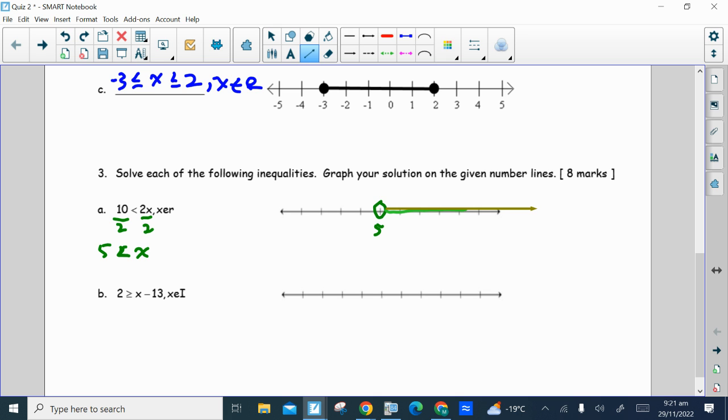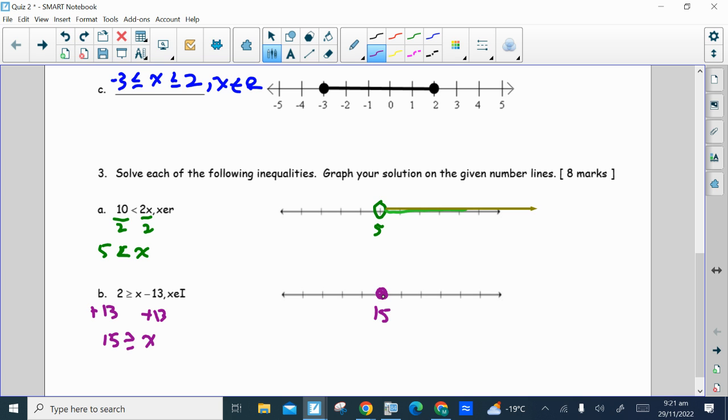Question B, to get x by itself here, we would add 13 to both sides. And on the left, 2 plus 13 is 15. The inequality does not change. We have x by itself on the right. X is less than or equal to 15. Means the 15 is included.